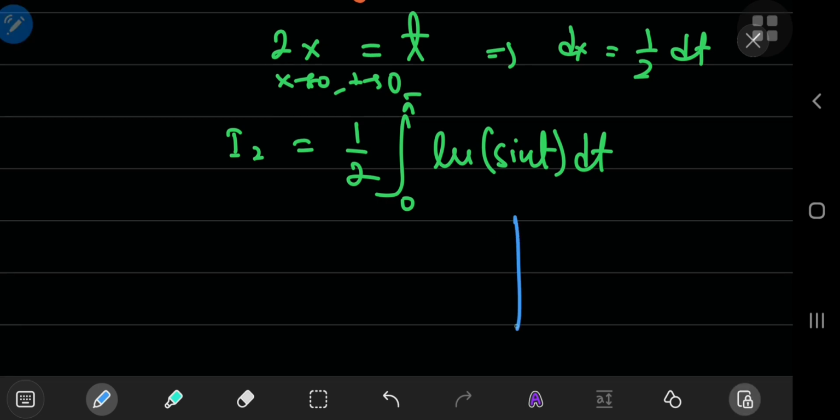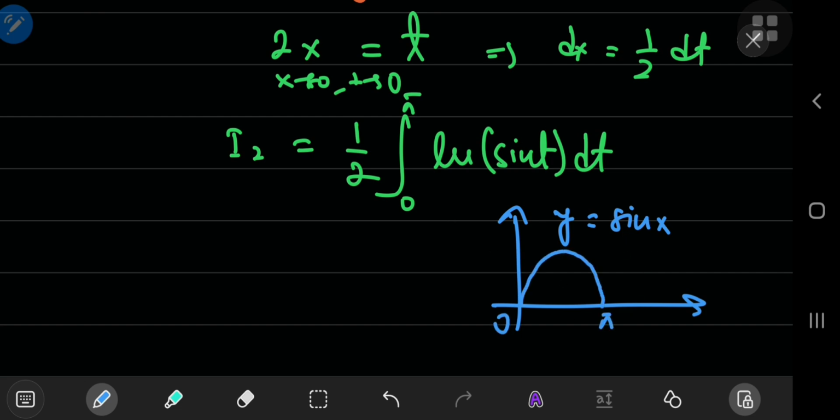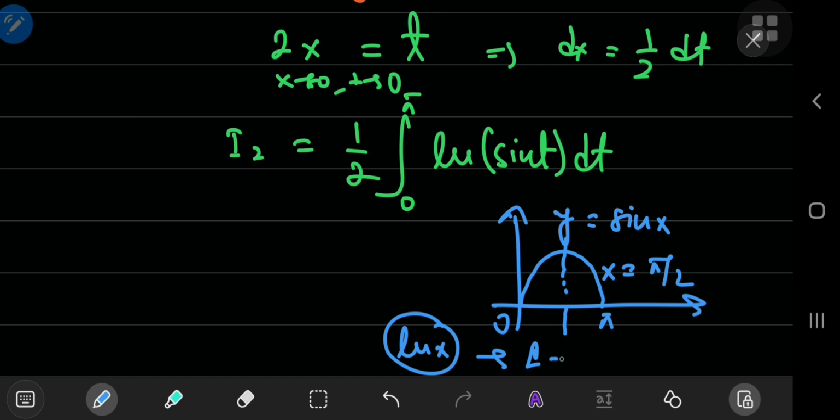Consider the graph of y equals sine of x from 0 to pi, then this is the shape you're going to get, correct? So we see that the graph is symmetric about the line x equals pi by 2. And we know that the natural log is a one-to-one function, meaning it's injective. So because the natural log is a one-to-one function, and we see that sine of x displays symmetry about the line x equals pi by 2, then instead of taking the entire interval, why not just take half the interval and double the result?